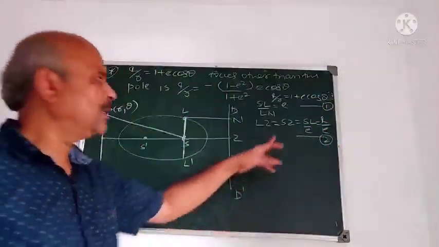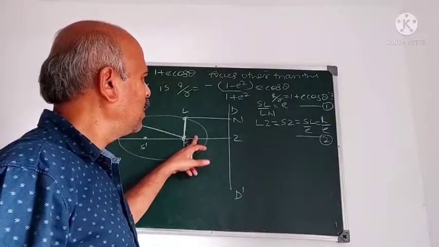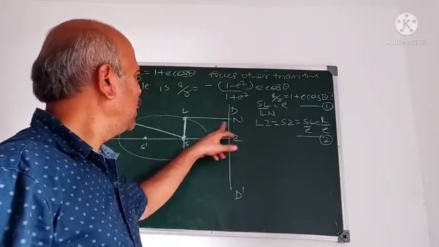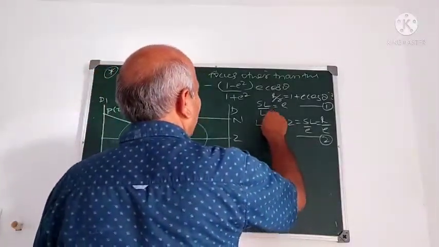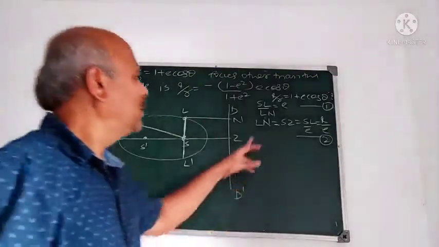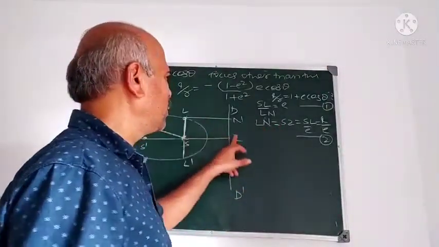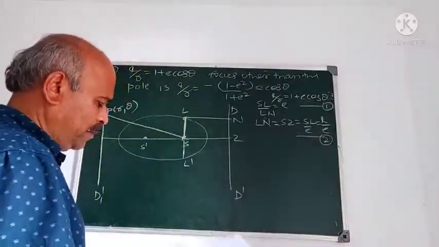I think this is clear. It is 2. Sorry, LN is equal to SZ, because from the figure it is SL by e, or small l by e. This is 2.